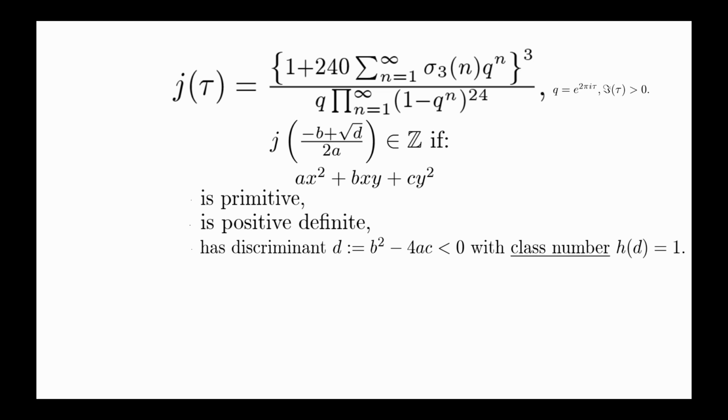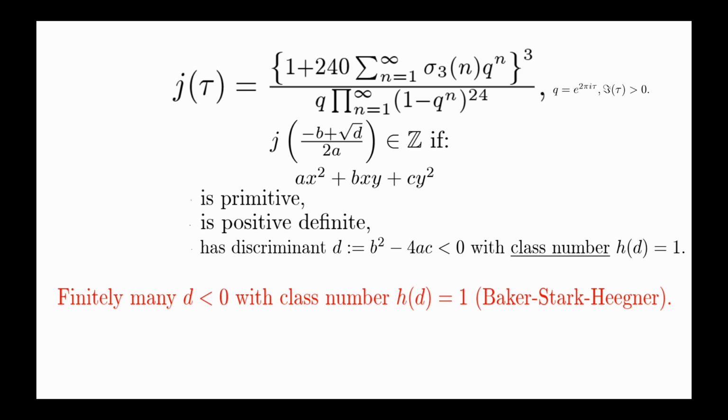And it turns out not to be the case, at least not by this method, because what Baker-Stark and Heegner essentially showed is that there are finitely many negative discriminants with class number 1, although the Baker-Stark-Heegner theorem is more usually stated in terms of quadratic fields rather than binary quadratic forms, but that's essentially the result.